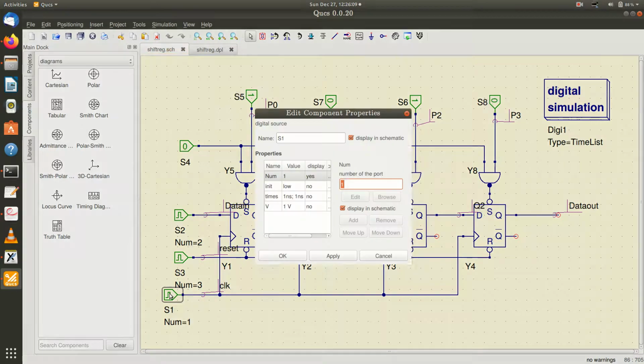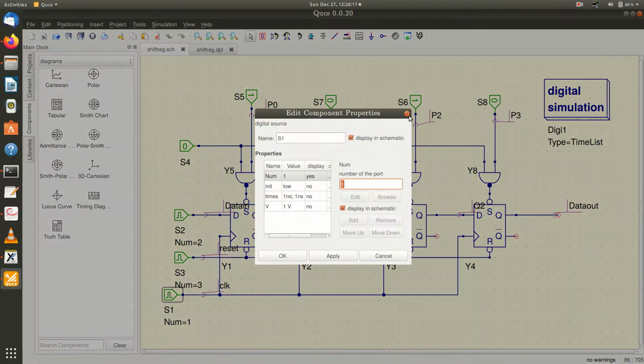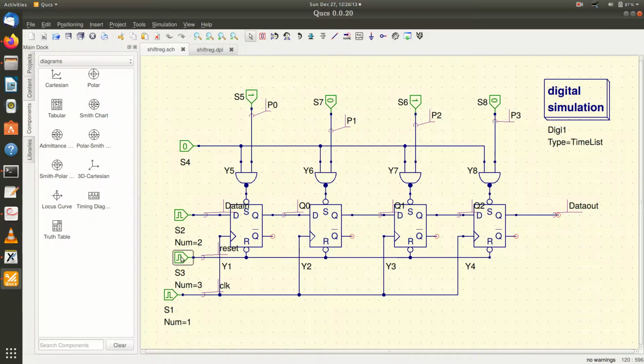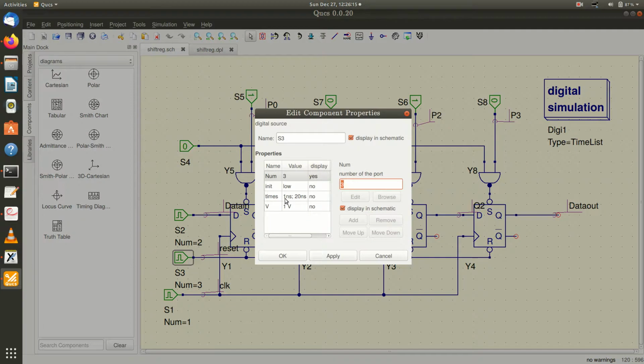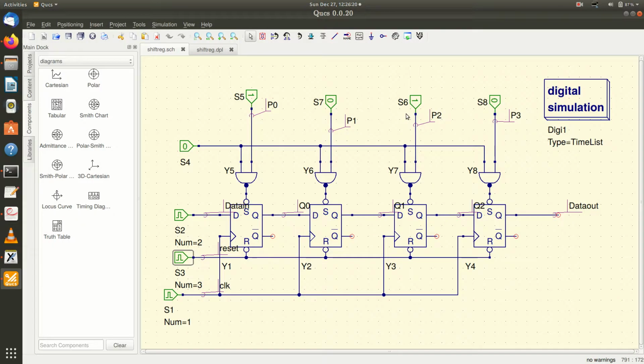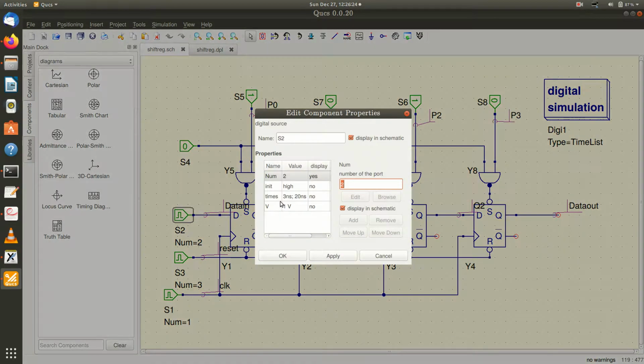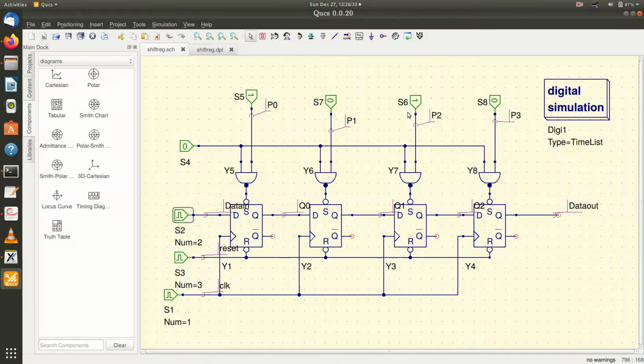I have a clock of 1 nanosecond, and a preset that is initially low for 1 nanosecond and remains high for the rest of the time, so it's an initial reset. I have also given a serial input that is high for 3 nanoseconds and low for 20 nanoseconds. So it's a short 1 applied at the data input line, and it will be shifted through the register.